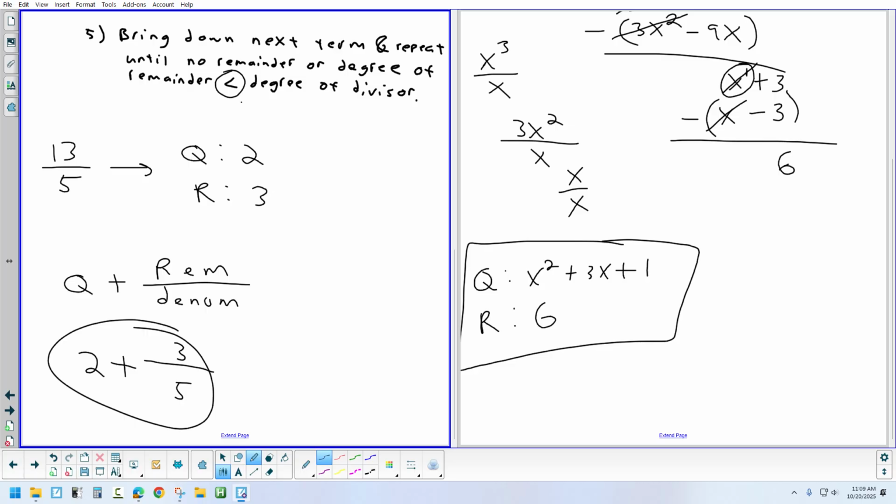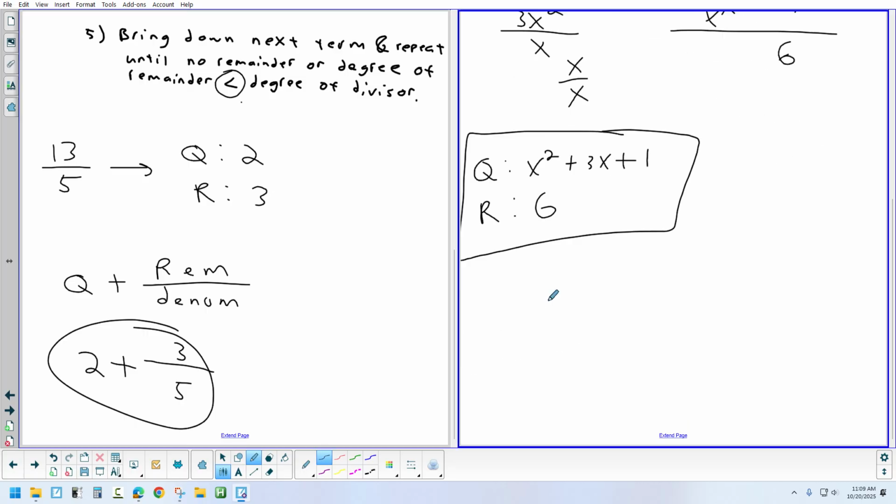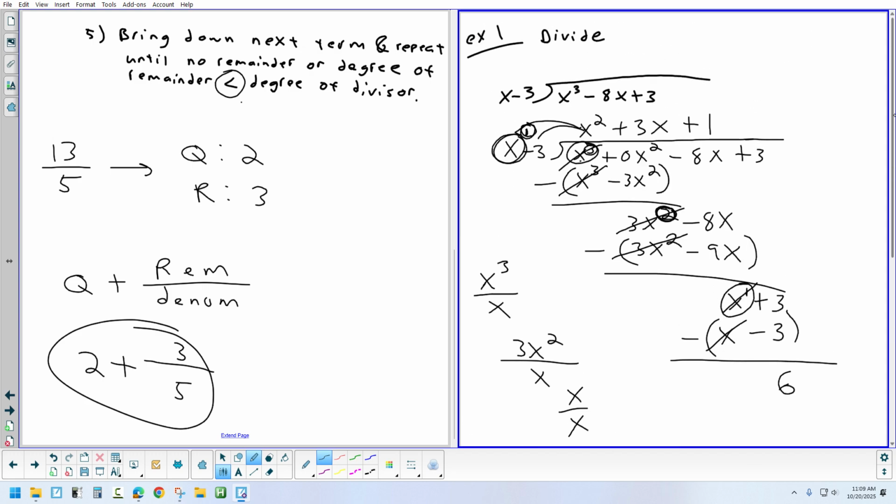That's 2 plus 3/5, or a mixed number would be 2 3/5. So I can do the same thing here: quotient plus my remainder over my original denominator, which was x minus 3.